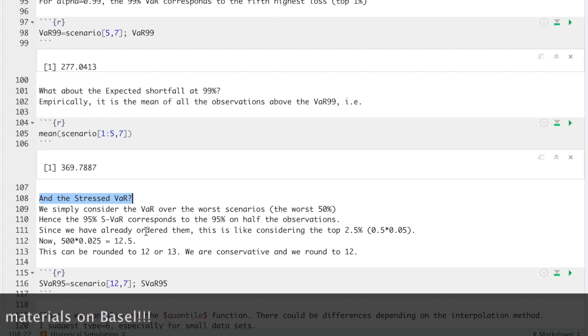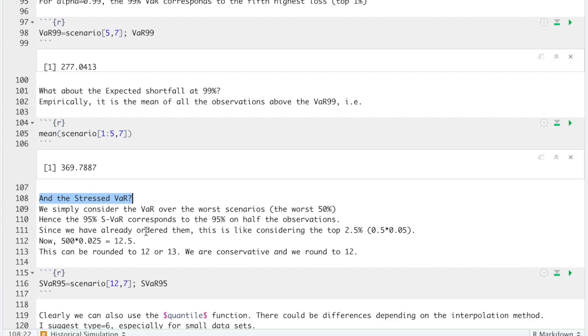So what we compute when we consider the 95% stressed VaR is the 95% value at risk of the worst 50% of the scenarios. So if you order the scenarios from the worst to the best, actually the 95% value at risk would correspond to the 97.5% value at risk of the original data set.